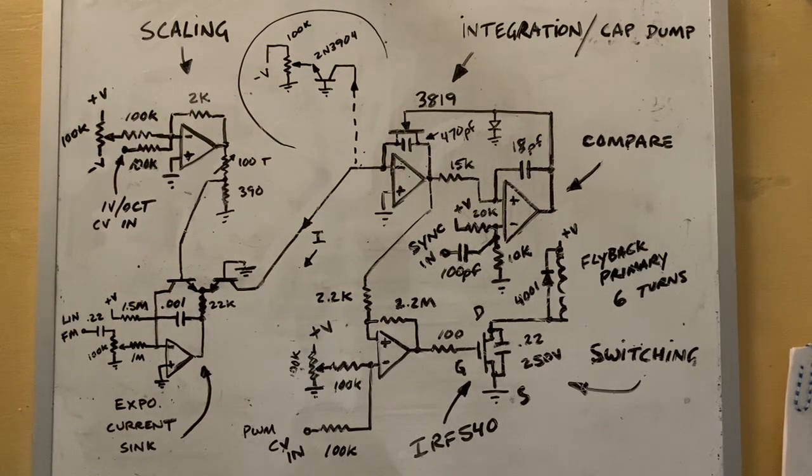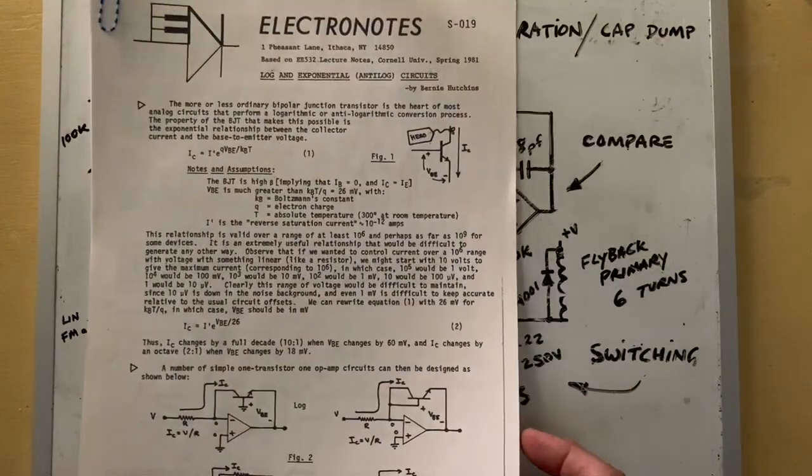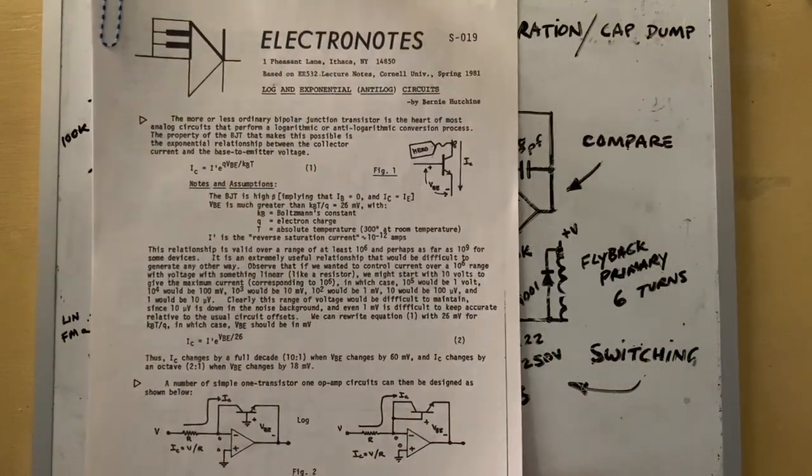All right, so all this is ripped off from old school modular synth stuff, and so a bit of a tip of the hat to some of the hardworking people who brought us all this wonderful technology. One of them was Bernie Hutchins. He started this, see that, Electronotes, probably in the late 60s, early 70s.